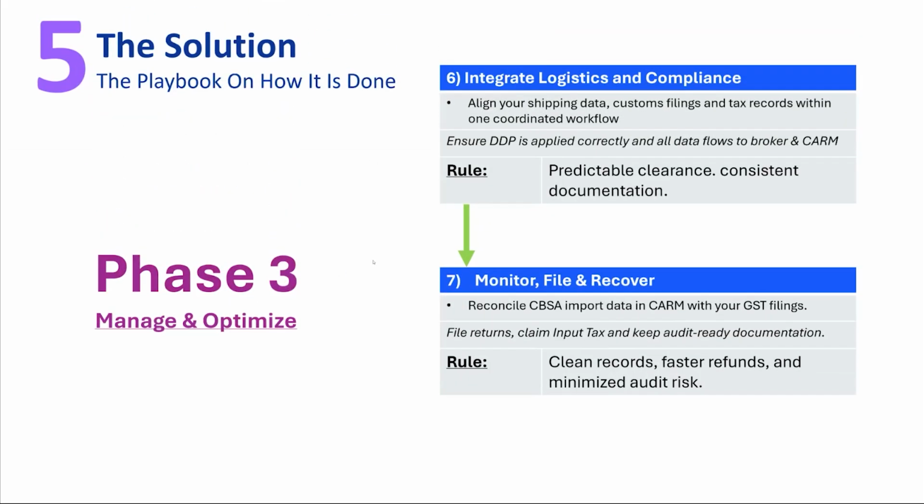Then the last point is management and optimization. As we've just spoken about, your shipping data is all aligned, and your customs filings and record keeping have all been facilitated on your behalf by unifying it all under one solution. It ensures that DDP is applied correctly.